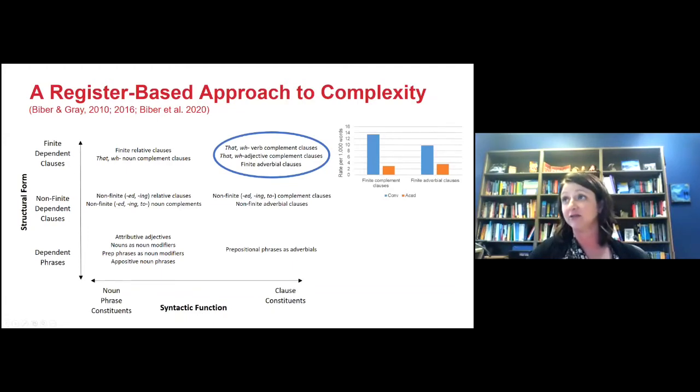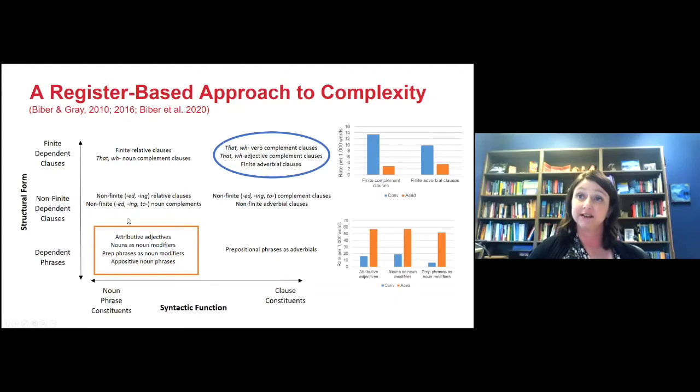And so you can see over here that those are much more common in conversation than they are in academic writing. In contrast, when we look at complexity features that, in terms of their structure, are dependent phrases, and in syntactic function, get embedded into noun phrases instead of into clauses, we see the opposite pattern.